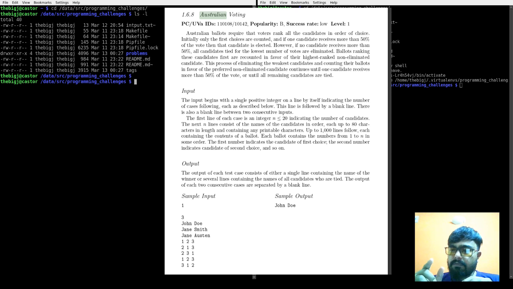Up to 1000 lines follow, each containing the content of the ballot.